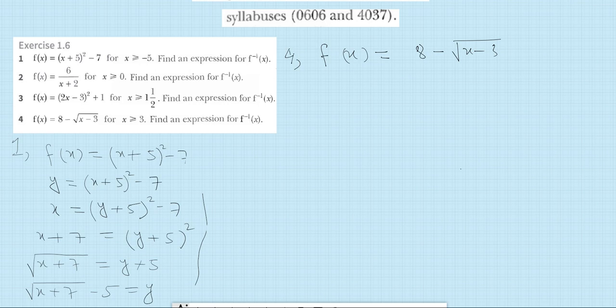What are the steps? First, replace f x by y. What is the second step? Interchange y by x and x by y. So this y becomes x and this x becomes y.